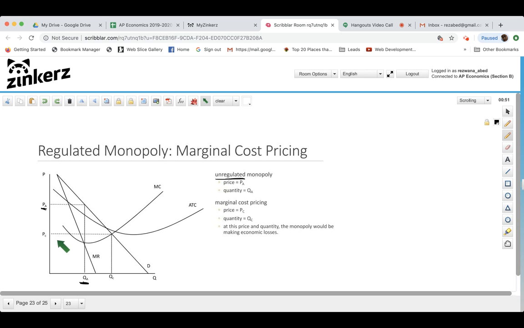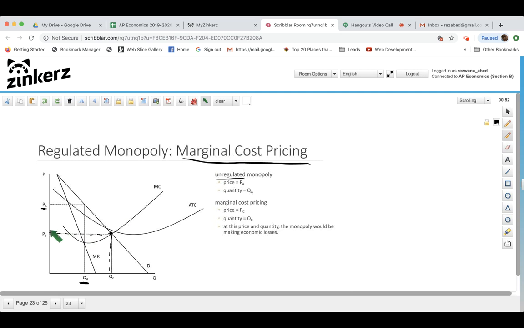I want you to set your price equal to your marginal cost. They're going to say, find the intersection of demand and marginal cost; this is the price that you're going to charge, and this is the quantity that you're going to produce. This is what we call marginal cost pricing.